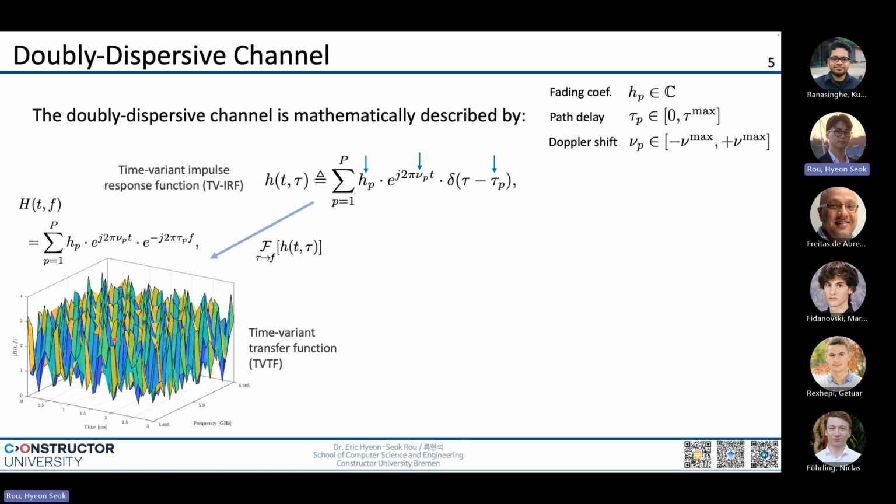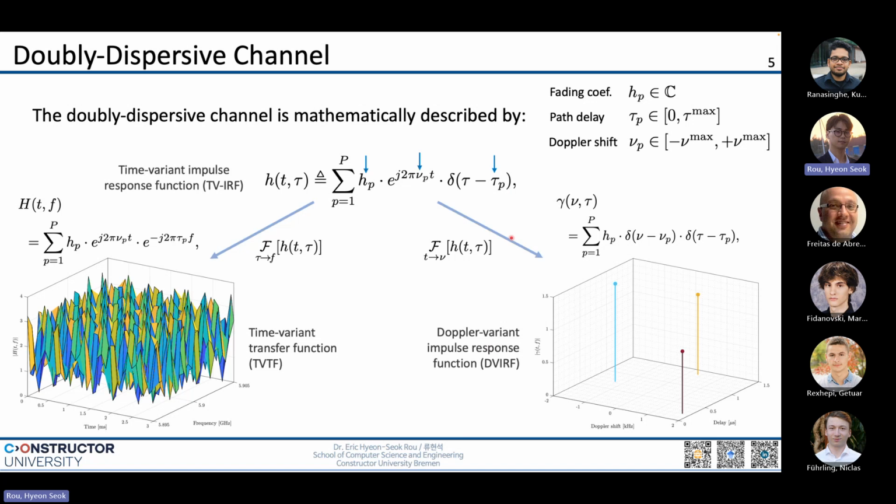But one other way that we can observe this doubly dispersive channel is instead to take the Fourier transform over the Doppler domain. So here, from the time to the Doppler domain, that results in this exponential term going to another delta. Now we have two delta functions, each with respect to the Doppler and the delay.